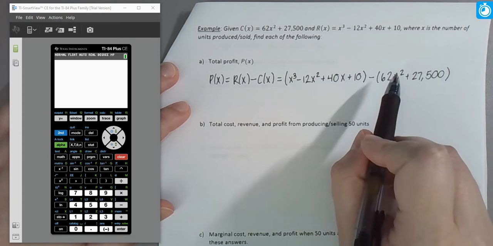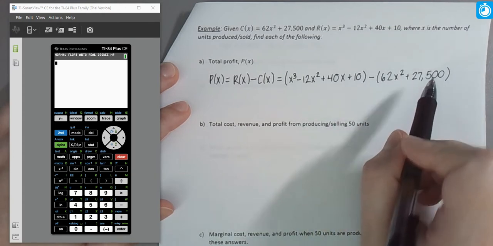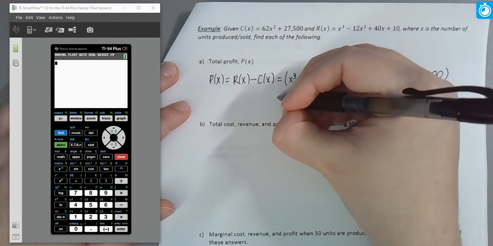So we have 2 quadratic terms, we have 2 constant terms, and so the cubic and linear term, they just kind of hang out.